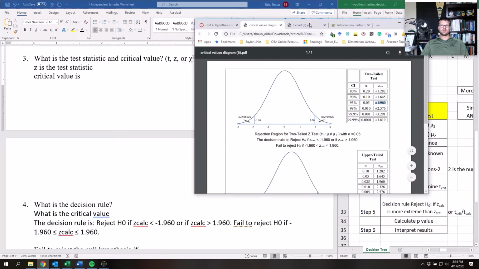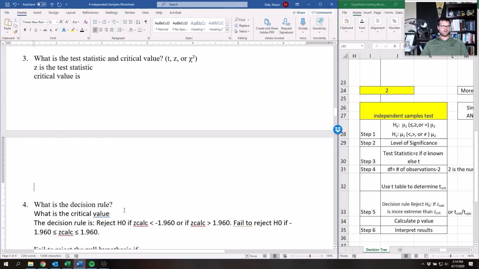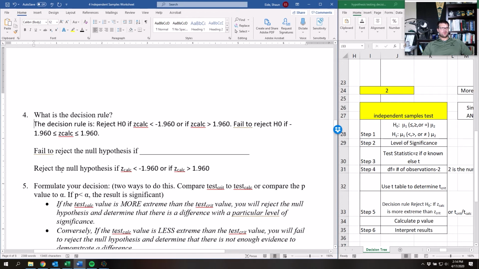What is the critical value? Plus or minus 1.96. So we've got the critical value, and now we have the decision rule. The decision rule is reject the null hypothesis if zcalc is less than negative 1.96, or if zcalc is greater than 1.96.